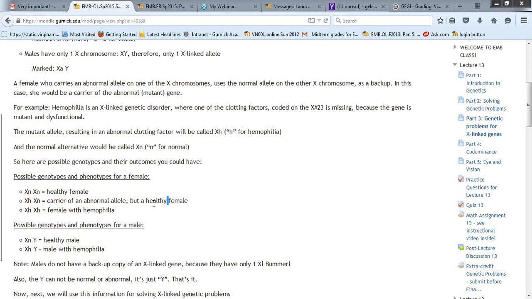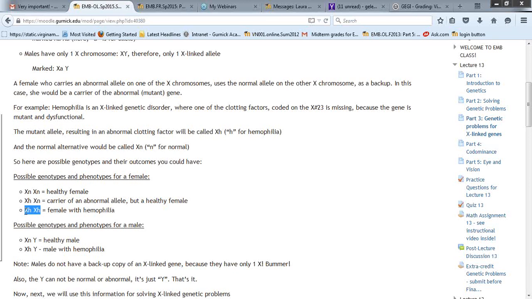She's going to be healthy. So both XN XN, meaning X normal and X normal, and X normal and X affected, in both cases, the female would be healthy. It's just if she has one of her X's being mutant, then she is a carrier of a mutant gene, but she's not sick, she's not affected.